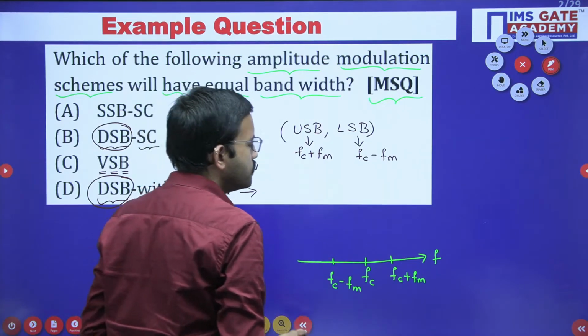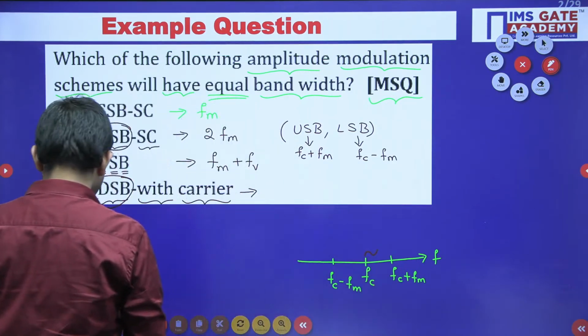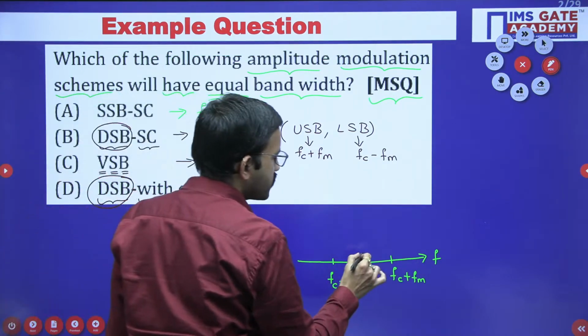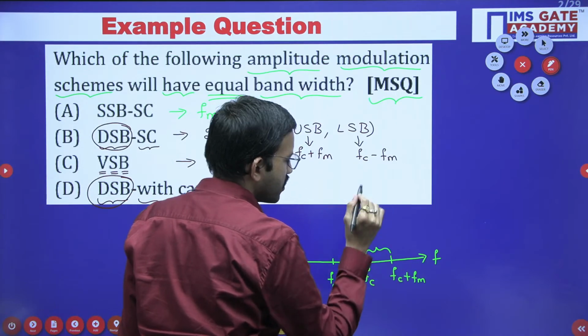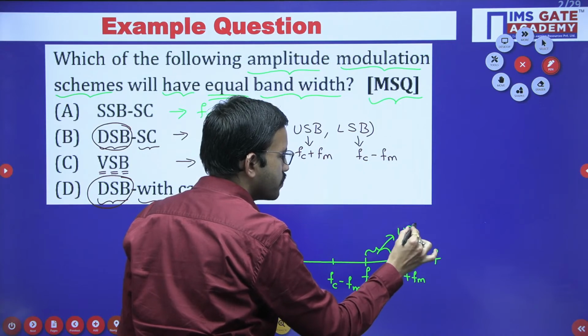From FC to FC plus FM, whatever band of frequency we have, that is the upper sideband.